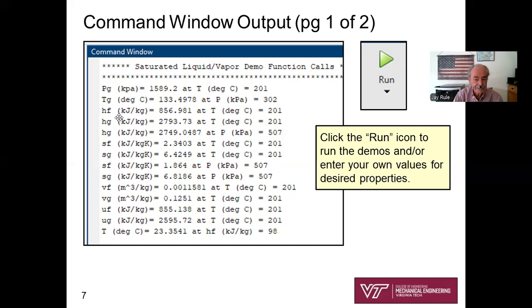So do you see my style is I say what my variable is, Hg, I give the units, the value of that property, and also say at what input, at P of 507 kPa. And that's just sort of good practice as you're using the tool to set up your output. So working with others, not only to just give a number, but also to give units and what it is.